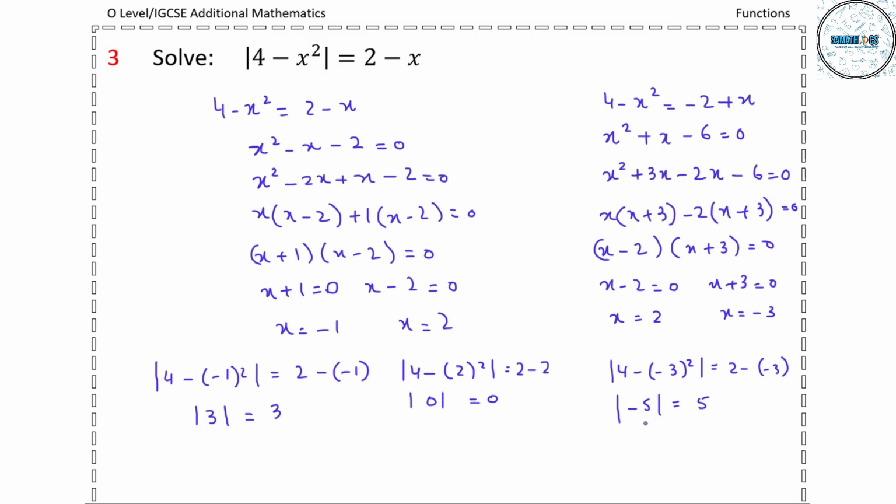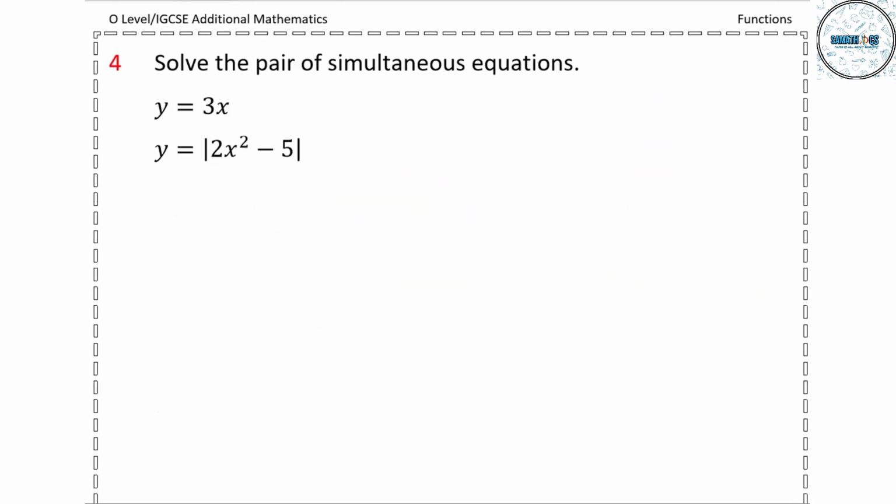So absolute value of minus 5 is 5. So we have x is equal to minus 1, x is equal to 2, and x is equal to minus 3. Now we have to solve the pair of simultaneous equations.